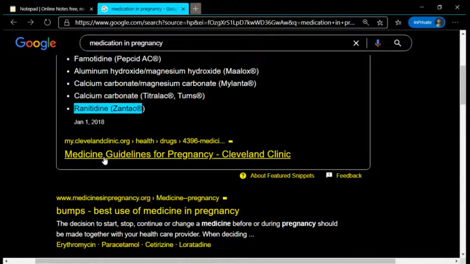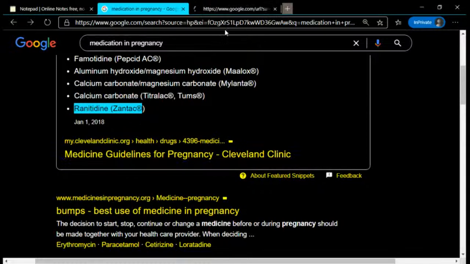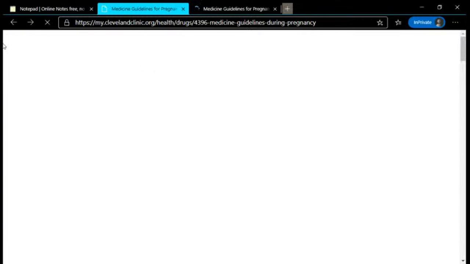Let's check this medications guidelines for pregnancy that could be useful in our research. Let's see whether or not this website is useful to the subject we are looking for.